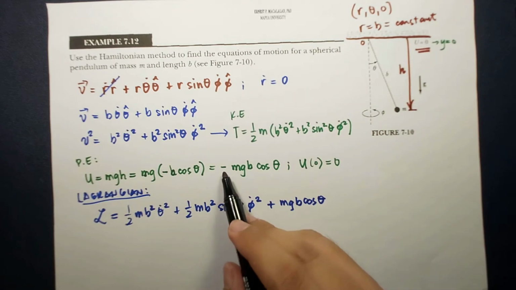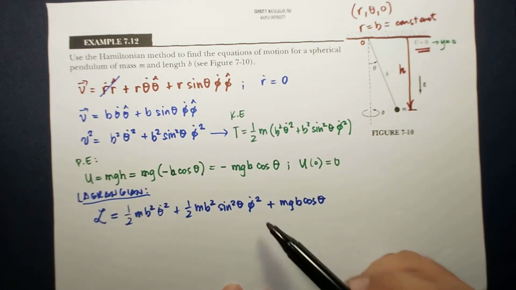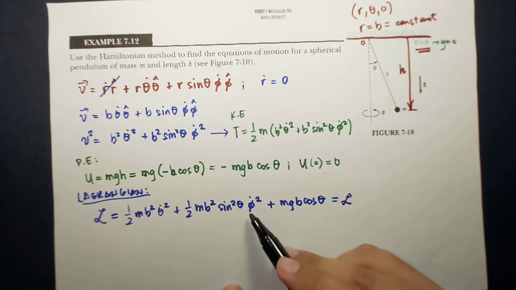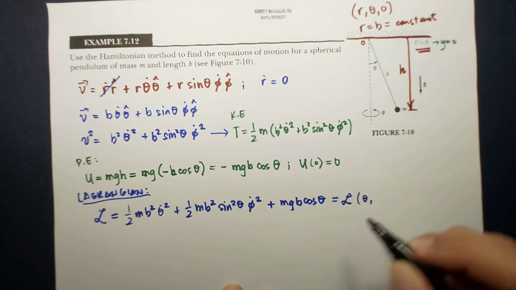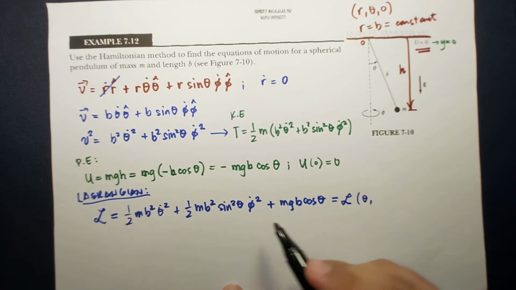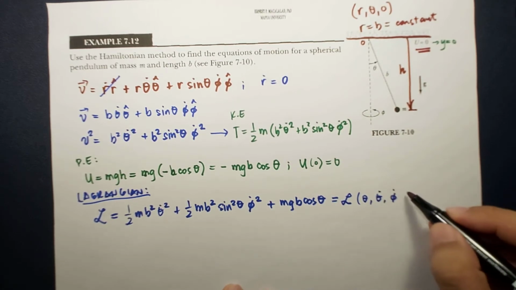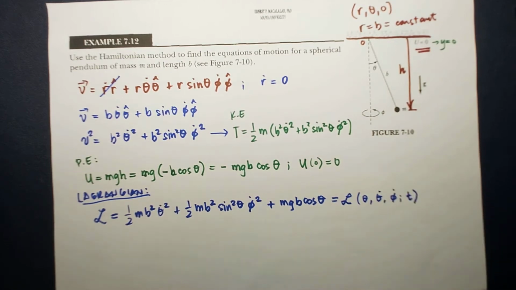L is T minus U, so this is plus. As you will notice, L is only a function of theta, theta dot, and phi dot, and these are all functions of time.